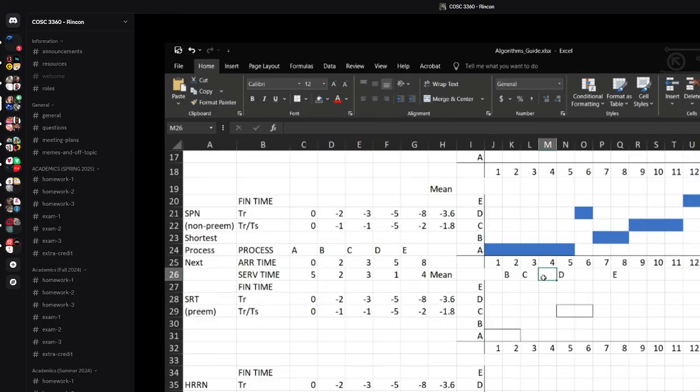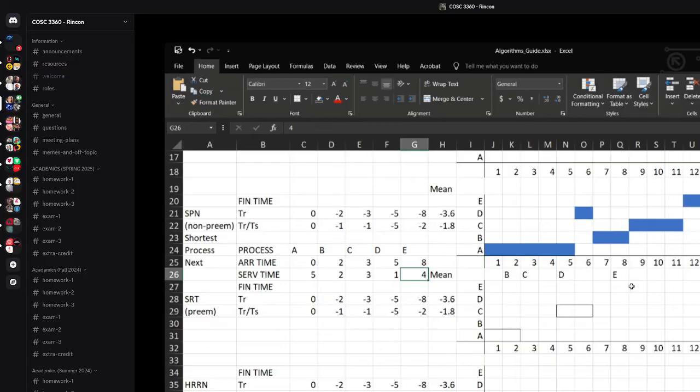So if E has an arrival time of 4, after A finishes, we need to check all of these processes to see which one has the shortest service time. And still the case would be D, because D has the shortest service time. Then it will run D, B, C, E again, because E has the longest service time.